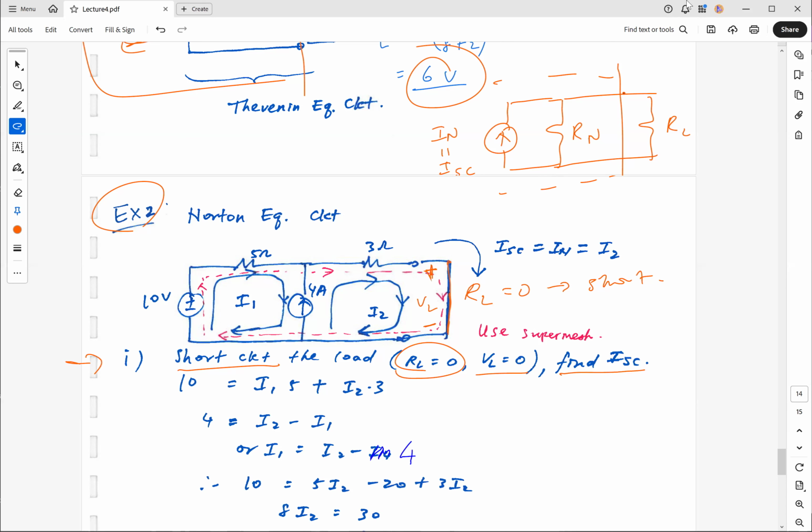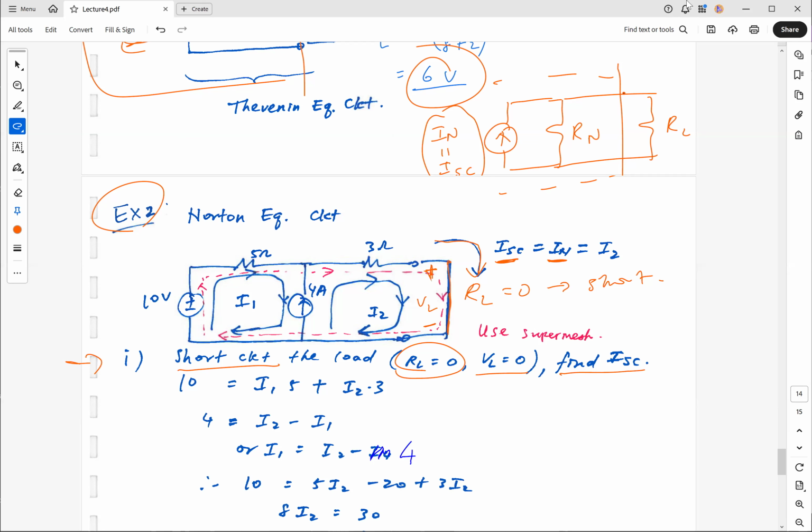Now we need to find ISC. Where is ISC? ISC is the current passing through this short, and this is the same as IN. I'm just showing you the full picture here: ISC or IN.